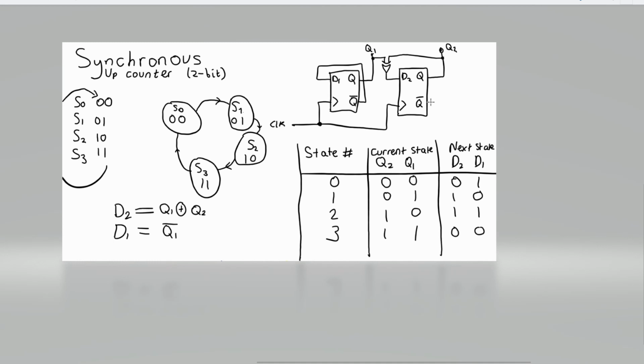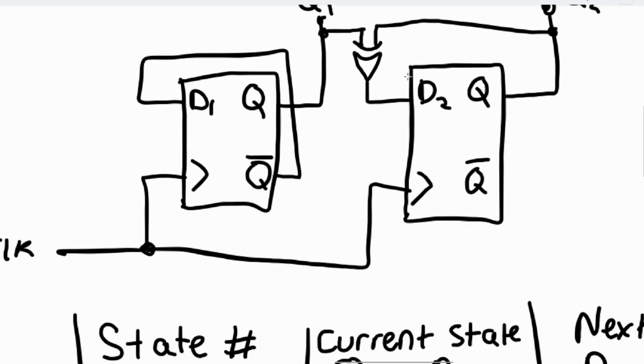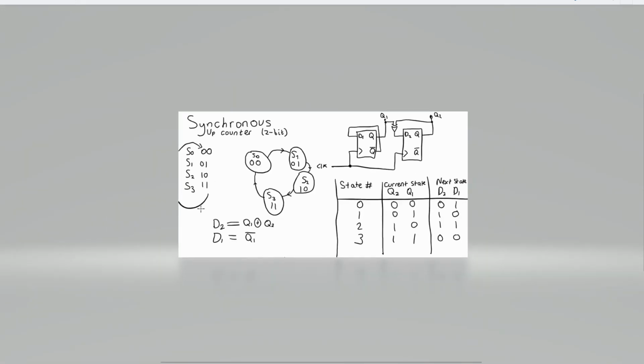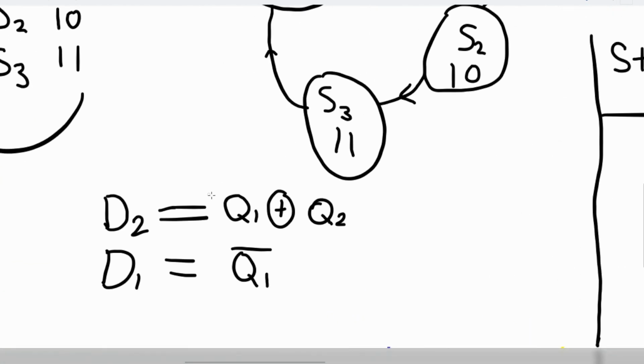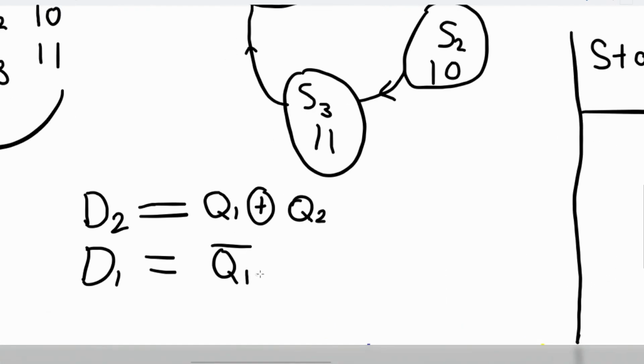A 3-bit one is more complicated, a 4-bit one's more complicated, but if you just work through it methodically, you can simplify the logic using Boolean algebra. This is already in its basic form, or canonical form really, so it's not too much of a problem.